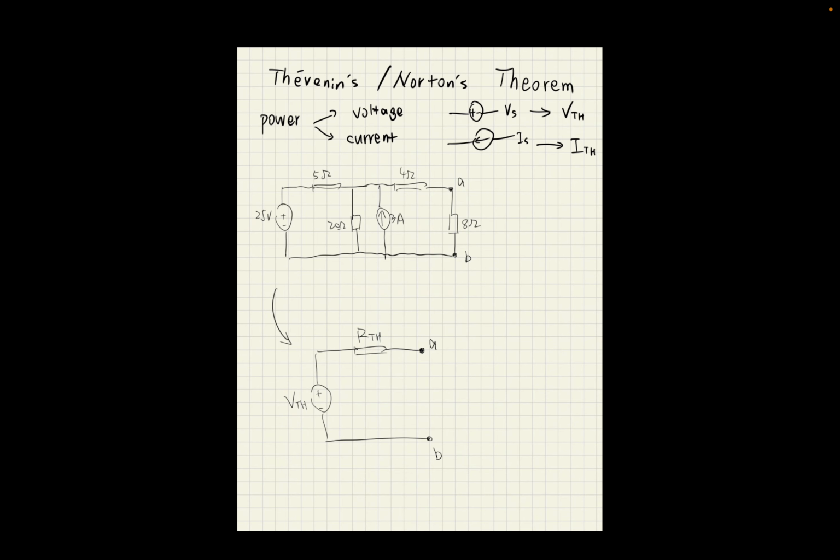Let me erase it. After we remove this 8 ohm, we have a circuit like this. Now we put a voltmeter here.